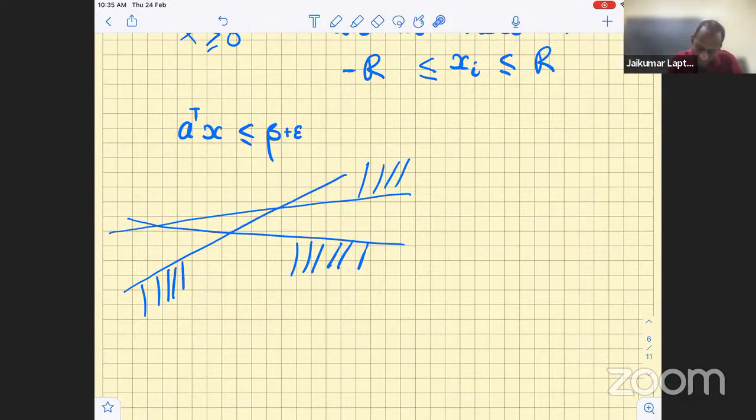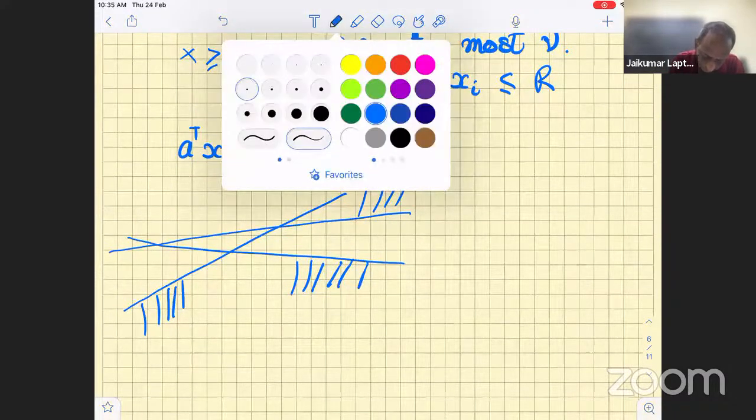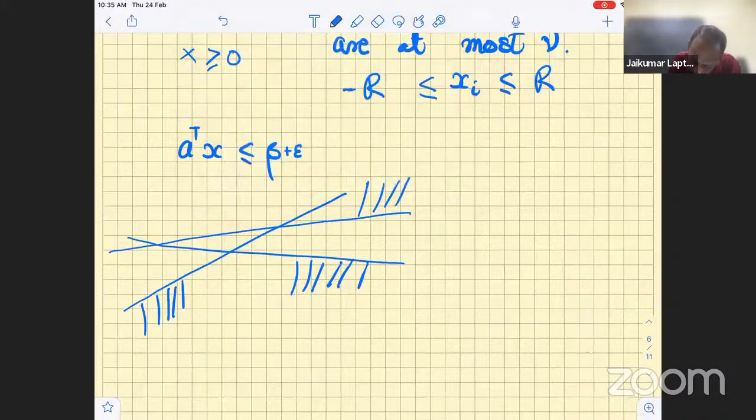If the original system is infeasible, so let me write down, the original system Ax ≤ b is infeasible. What does that mean? That means it is possible for me to derive, by multiplying these equations, what you can call the Farkas lemma, or something that we proved out of Fourier-Motzkin.